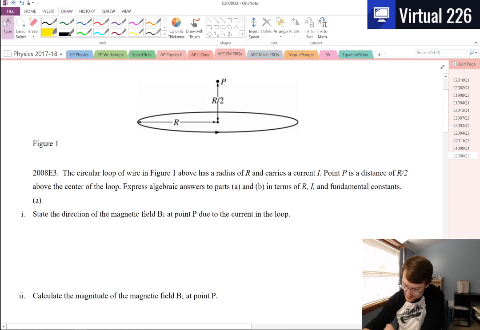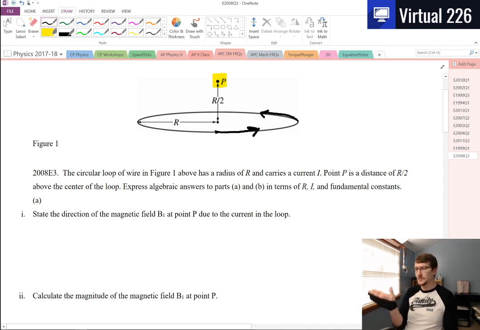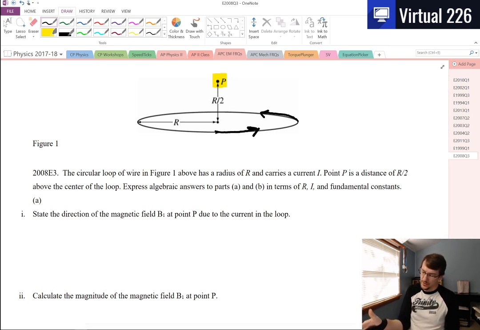And in part A, what is the direction of the magnetic field at point P due to the current in the loop? So up here, point P, what is the direction of the magnetic field? Well, since we know the current is running around the circle like this, if we use our right-hand rule and we curl our fingers in the direction that the current is going, our thumb will point us in the direction of the B field.